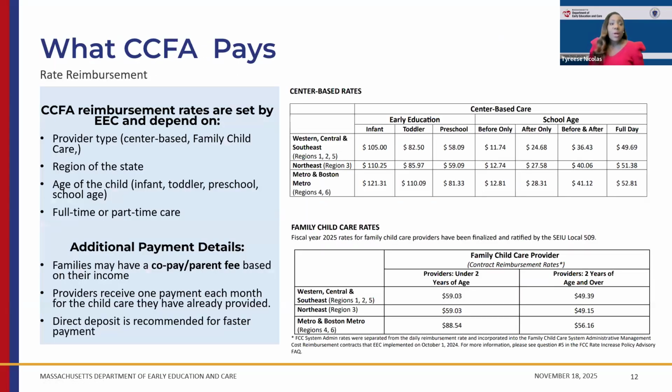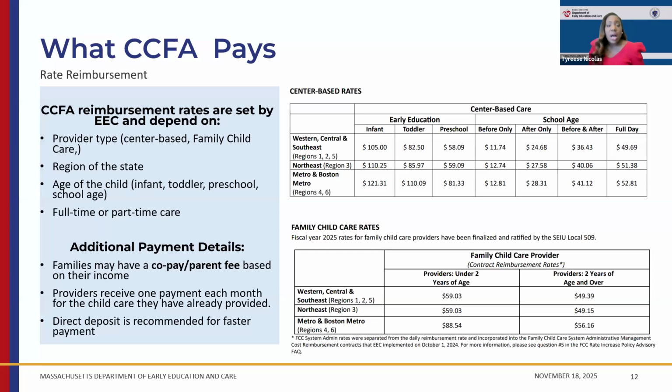Now we're going to talk about what CCFA pays. CCFA has reimbursement rates that are set by EEC, and they depend on provider type, center-based or family child care, the region you live in, the age of the child, or as we like to say the age grouping: infant, toddler, preschool, or school age, and lastly the level of care the child is receiving, whether full-time or part-time.